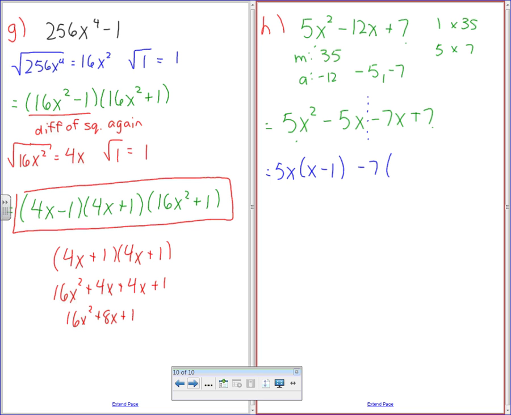Okay, good. The negative inside the bracket. Yeah, right. What has to happen is here you need an x. Since there's a positive x here, you need a positive x here. So since there's a negative 7, it comes out like that. All right, Jessica, can you finish this one off for me, please? Great.